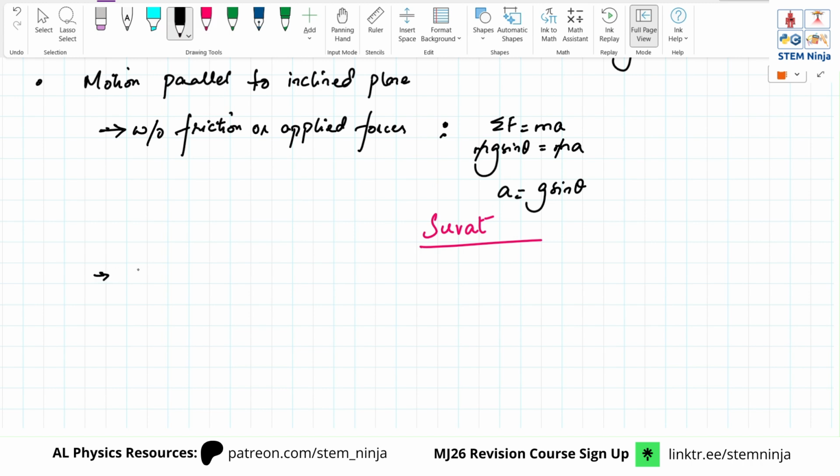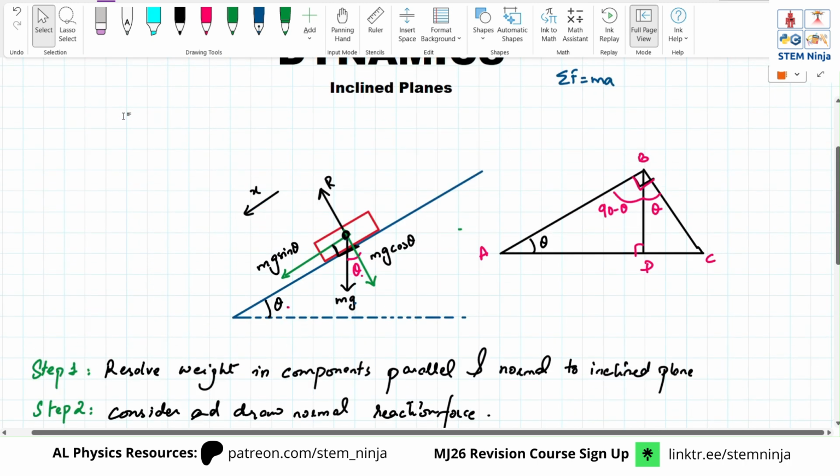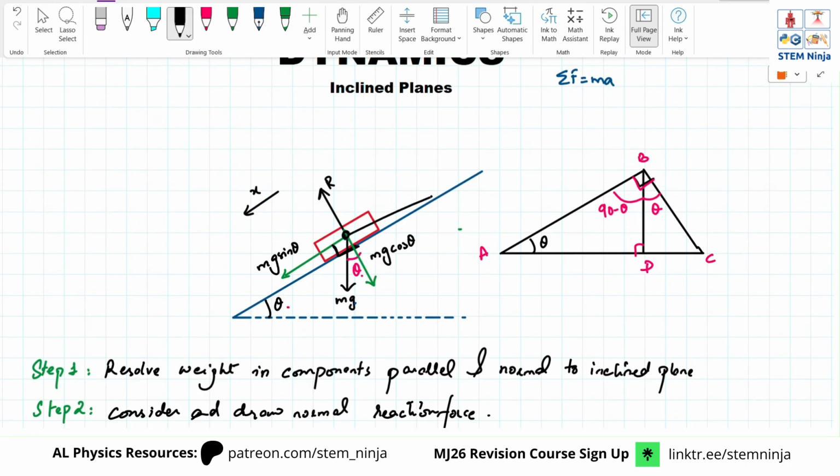Next, if you have no friction but an applied force, again parallel to the motion, parallel to the inclined plane, let's call it F. And this time, let's say it is accelerating in this direction.